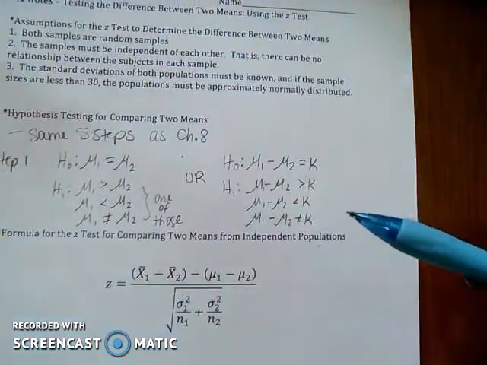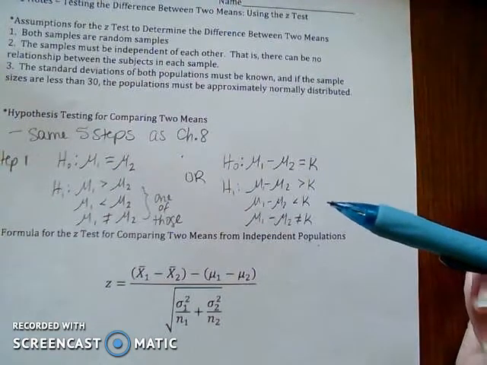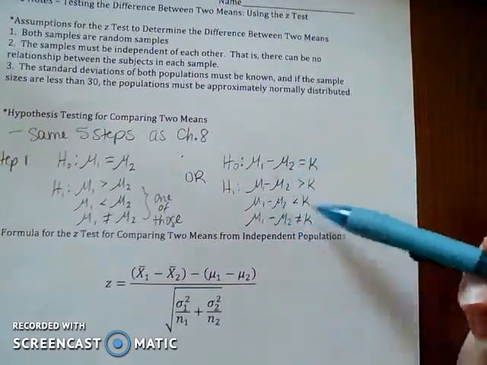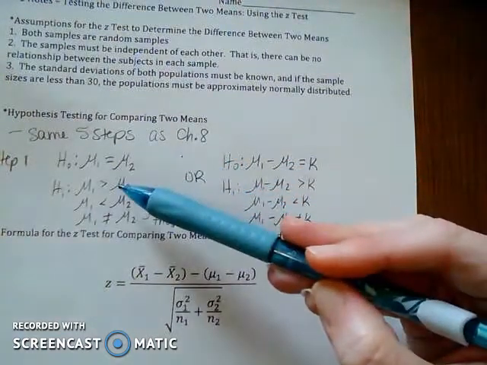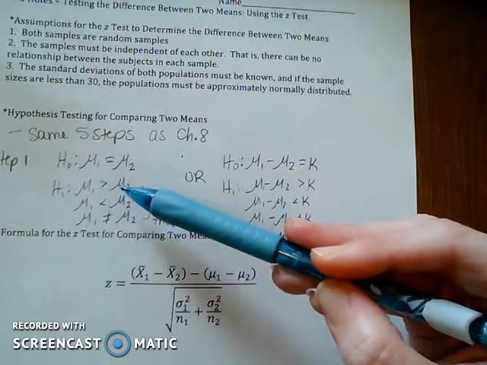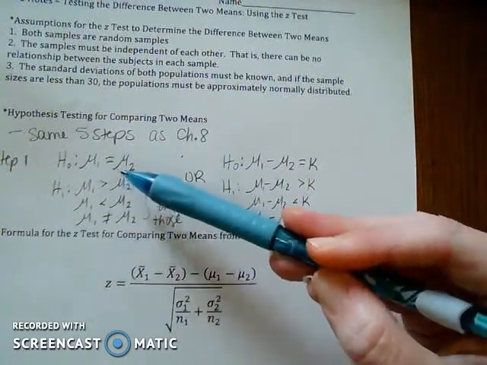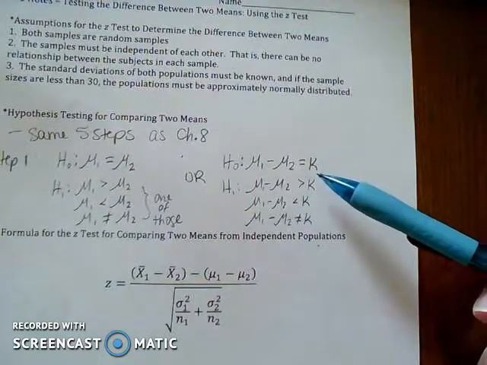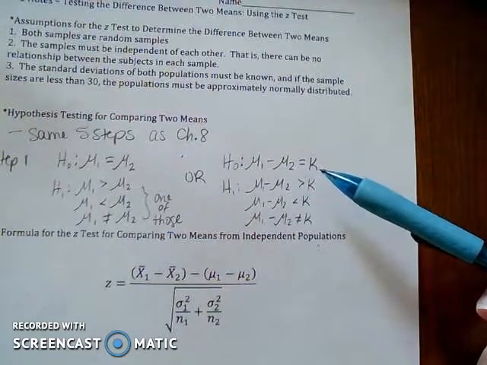All right, so again, one problem in your homework, and no, I will not tell you which one. You are going to have to write your step 1 this way rather than this way. All of the other Chapter 9 problems will look like this. One of them is going to look like this. All right.